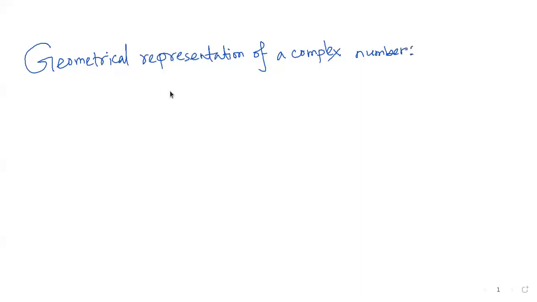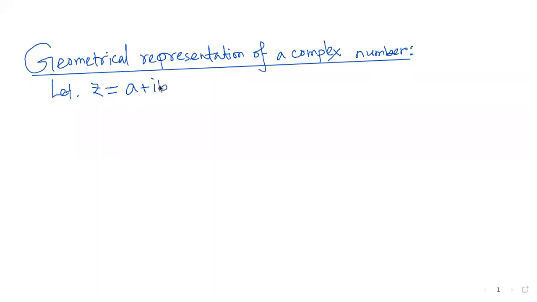Let us consider a complex number, for example, z equal to a plus ib or x plus iy, as you wish. This a is the real part or real number and ib is the imaginary part.